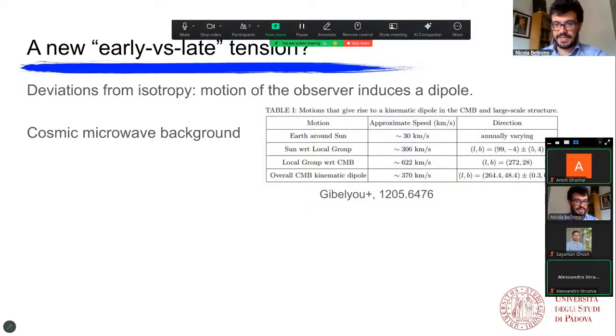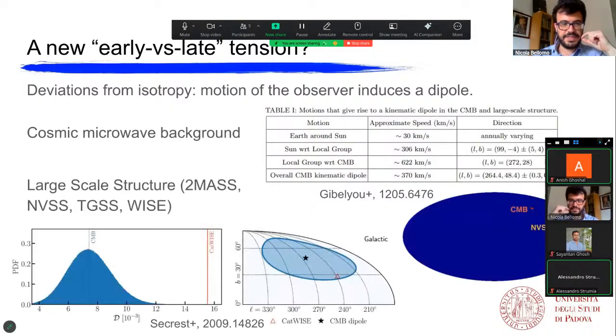What about the late time? Well, in the case of late time, we can use large-scale structure, which could be galaxies in different wavelengths or the radio background, to infer a second time the value of our dipole.